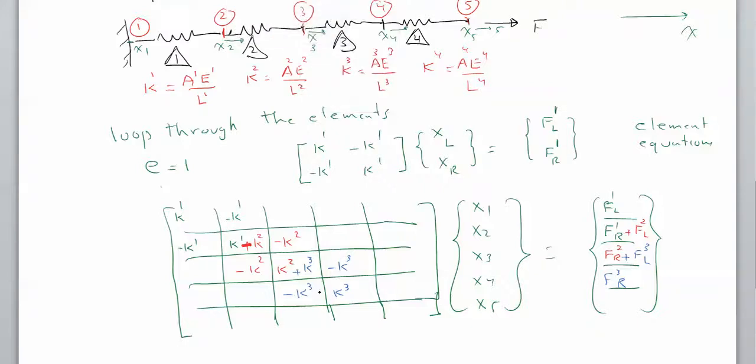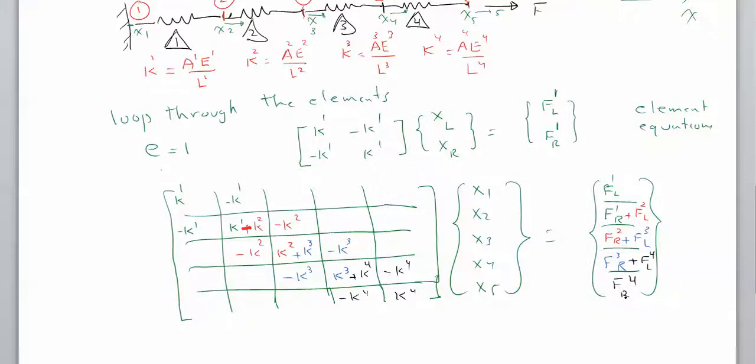Okay, so it's going to be plus K4, minus K4, minus K4, K4. So that's going to be plus F left, element number 4, F right, element number 4. Okay, now these other entries, of course, are all zeros.